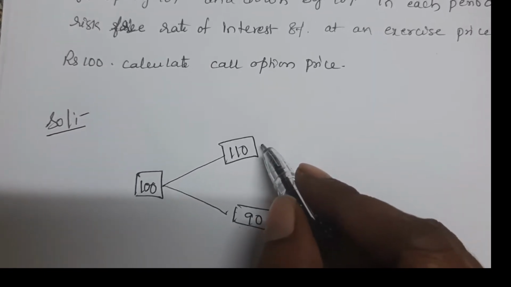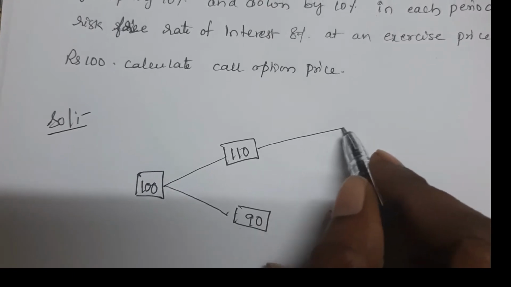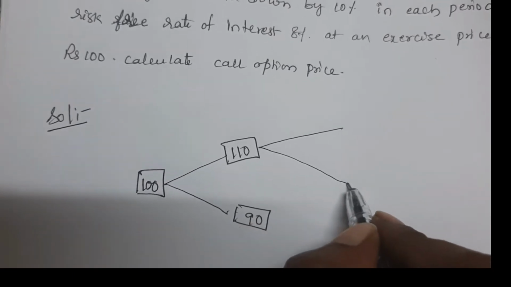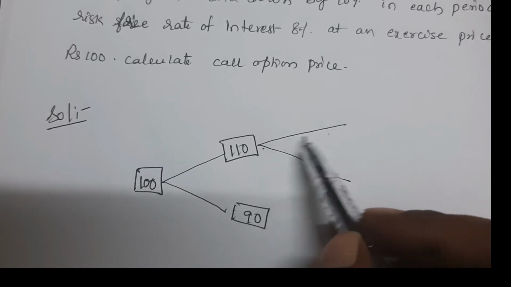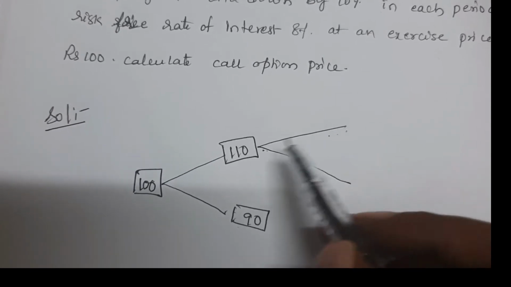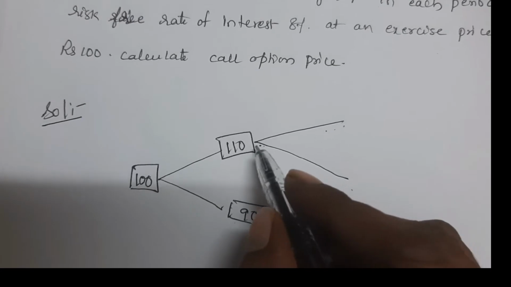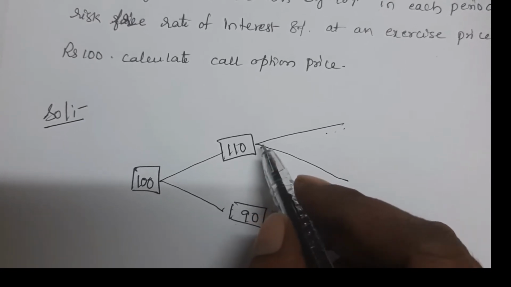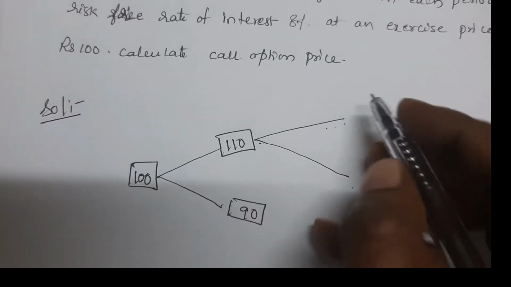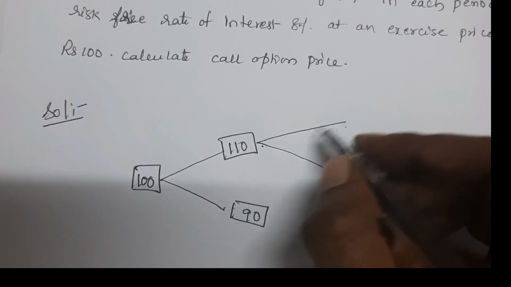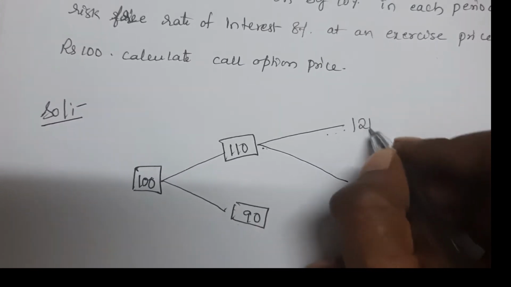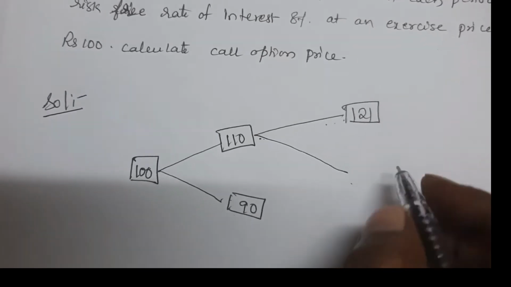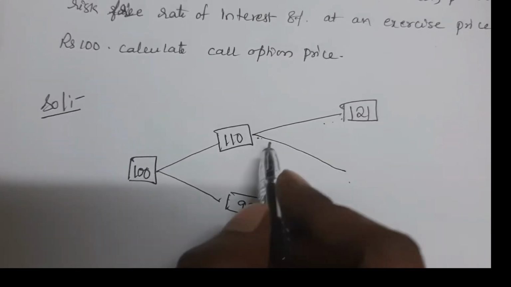Then in the second phase again there are two chances, it may go up or it may fall down. If the price from 110 is increased, the price will become 121.